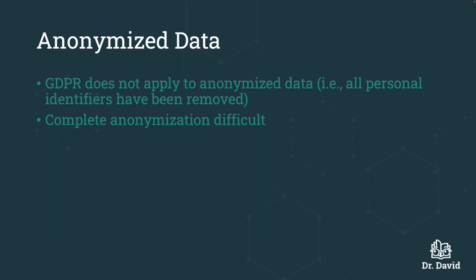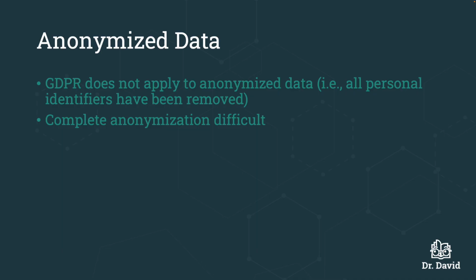And so now we come to anonymized data. Now, the GDPR does not apply to anonymized data. And anonymized data is when all personal identifiers have been removed. However, complete anonymization is very difficult.